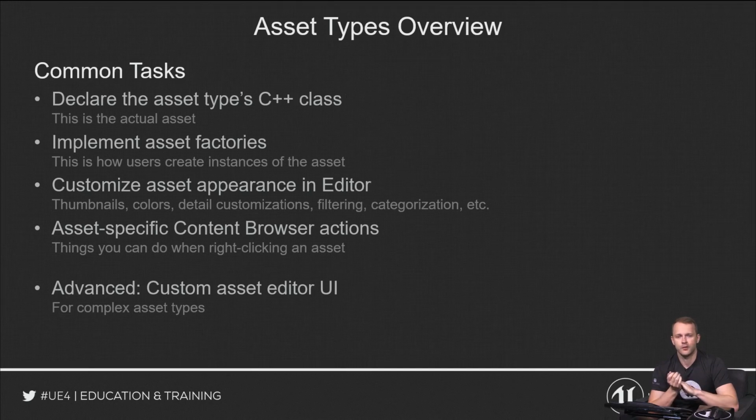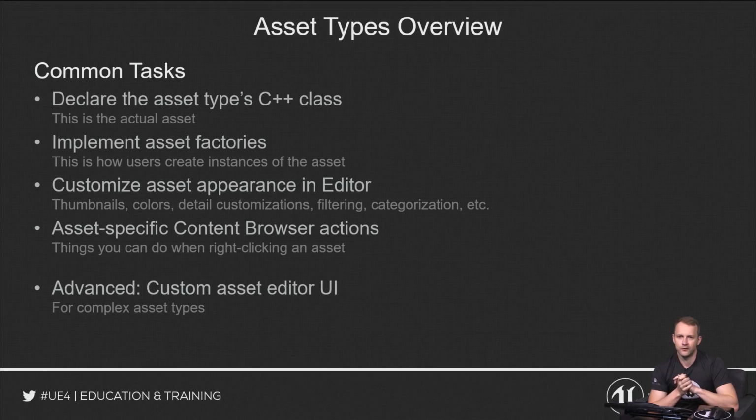And then the next thing you probably want to do is to customize the look and feel of your assets in the editor. The things I've shown you, like the context menu actions, also the little thumbnail and the colors of the thumbnail. All those things can be customized, and I'll show you how to do that as well. And then lastly, there are also content browser actions that you can perform.